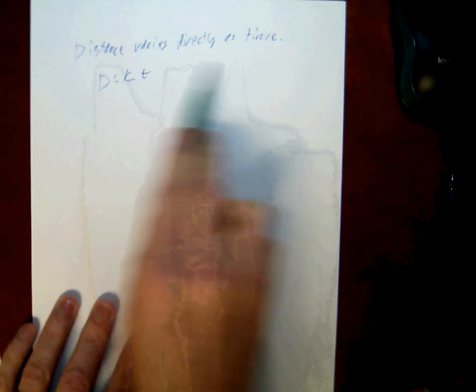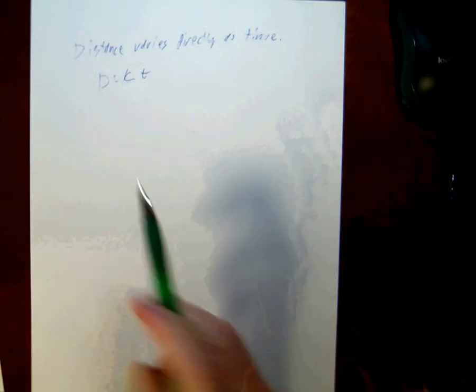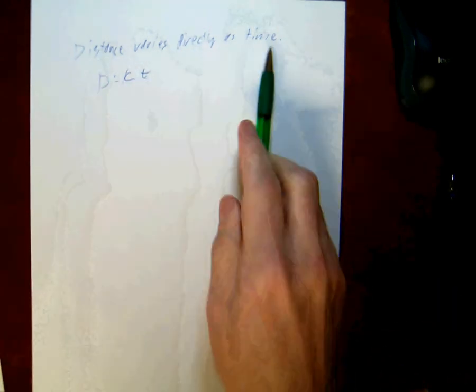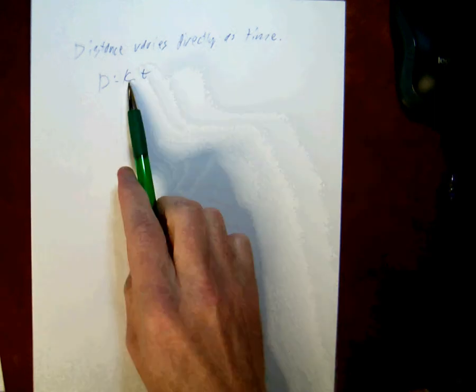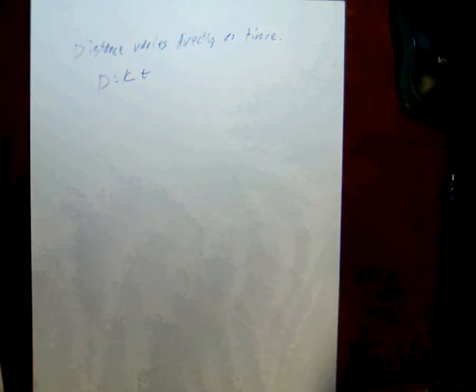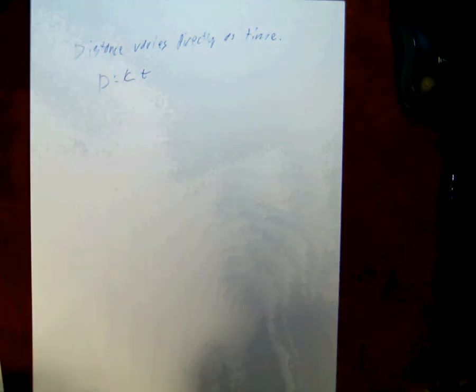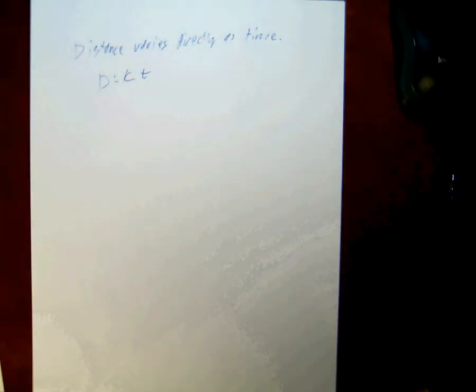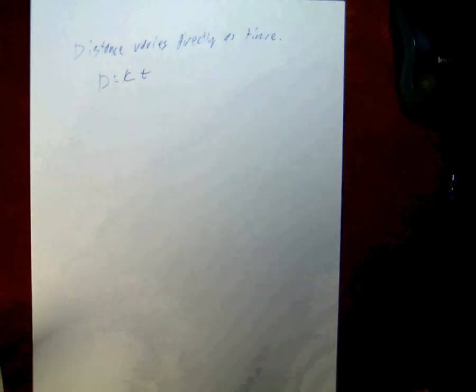And then they'll even tell you the distance, they'll give you the time, you figure out what k is, and you go through the problem. So as far as this variation stuff goes, that's as tricky as it gets. Until I tweak it a bit.